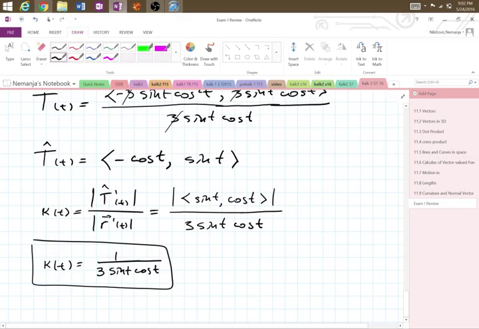I never went over that in class, which tests your knowledge of the function. You know what the helix is?